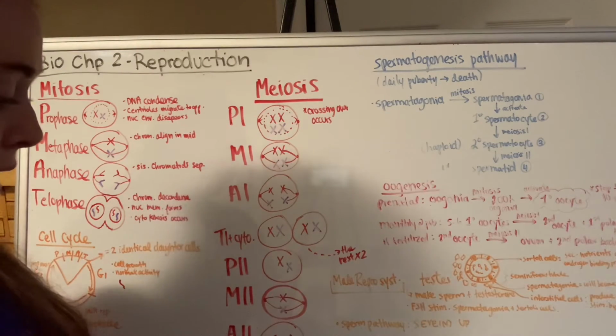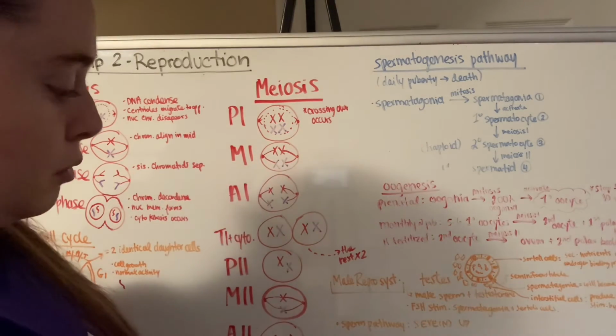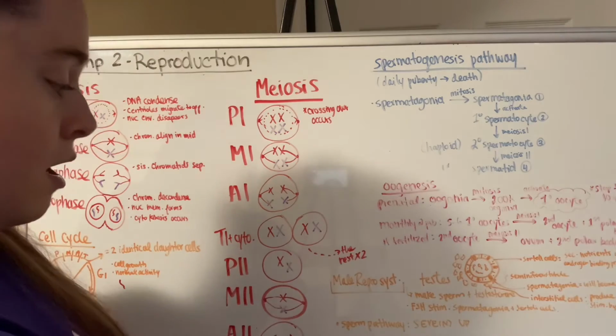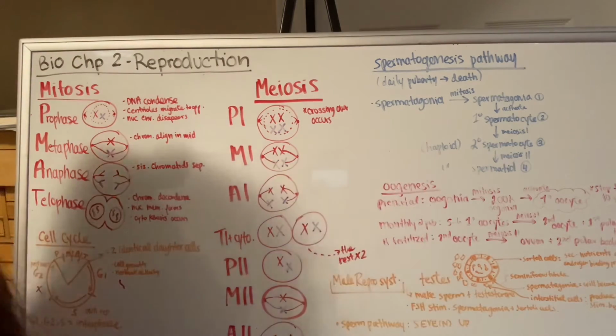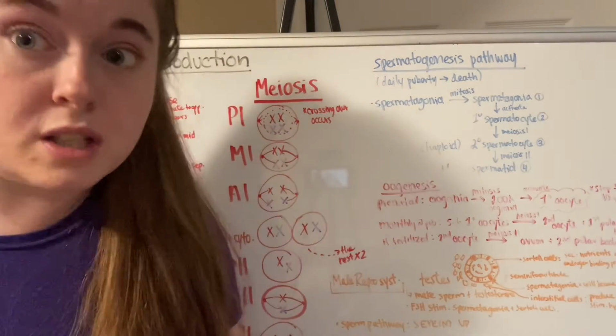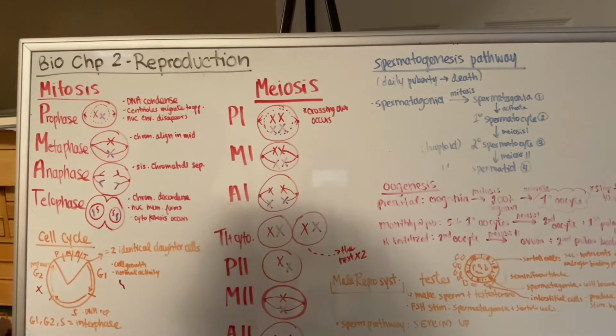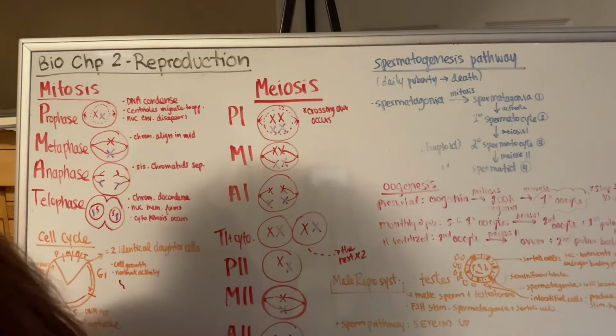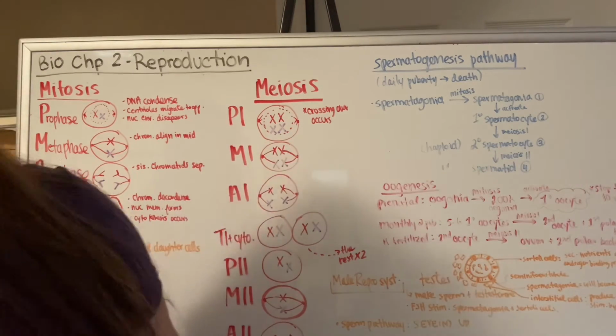You could have one cell that has 3, and one cell that would only have 1 chromosome, like that. And so things like that can cause mutations, basically. But specifically, non-disjunction occurs when they do not separate properly.